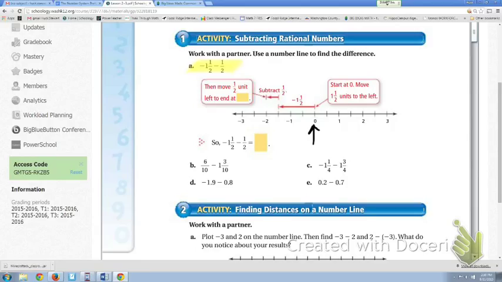This is a negative 1 1/2. So instead of moving a whole integer one way or the other, you're moving a rational number. You're moving a negative 1 1/2 in the negative direction.